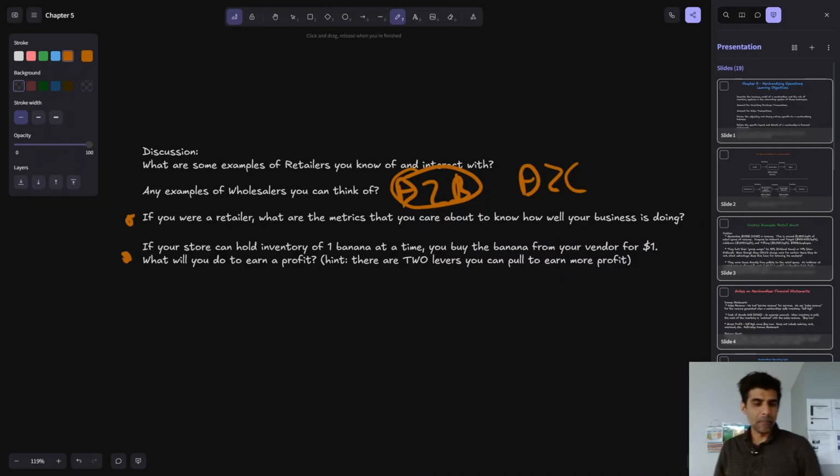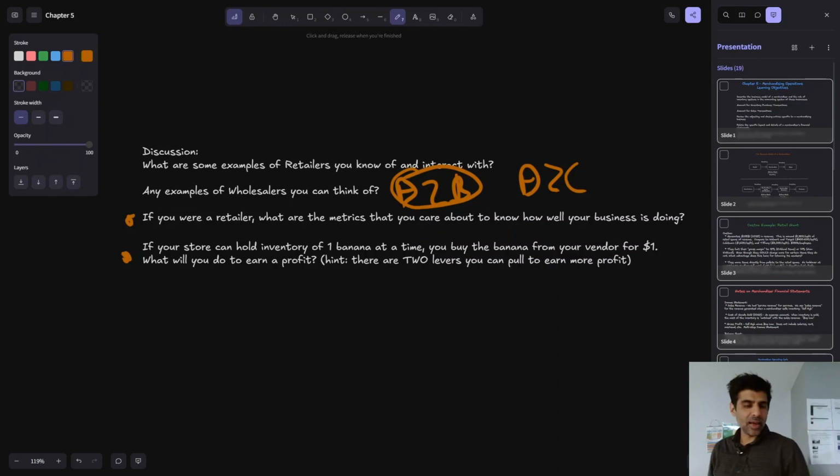Like construction supplies, there's distributors, wholesalers for that. Home Depot actually has a wing, HD Supply. That's their wholesaler for construction related goods.